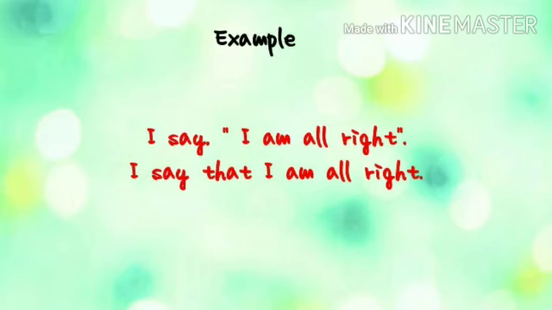Look at this example. As you can see, the conjunction "that" is added and placed between reporting verb and reported speech, and all the inverted commas are omitted in the indirect speech.